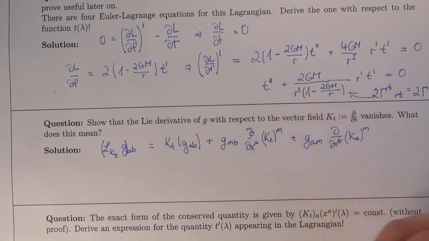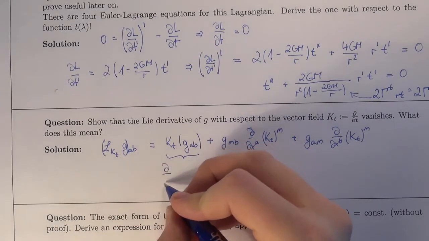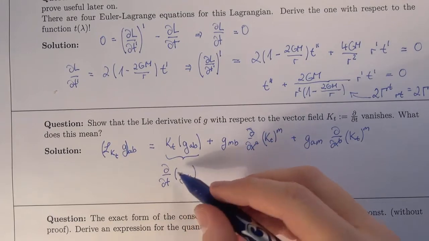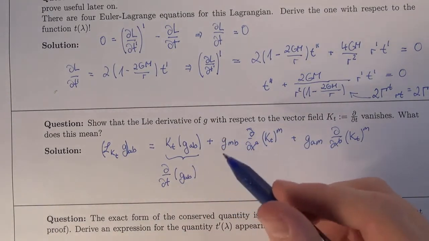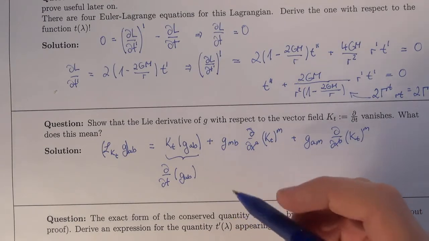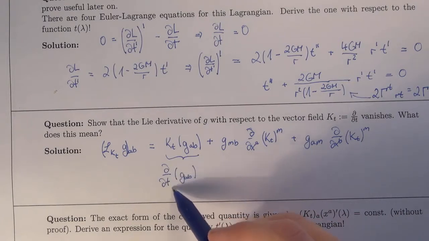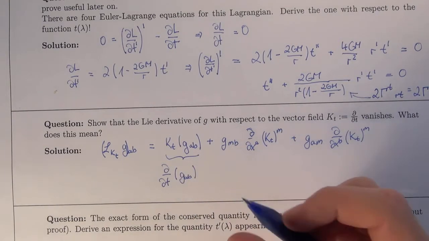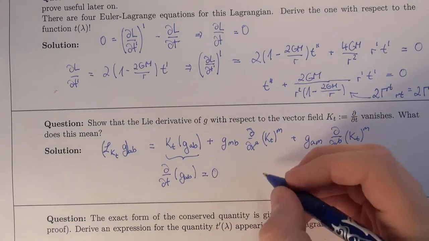In this term we see that this is the derivative of g with respect to the function t. However, we know that our Schwarzschild metric does not depend explicitly on a time function, so this will give 0.